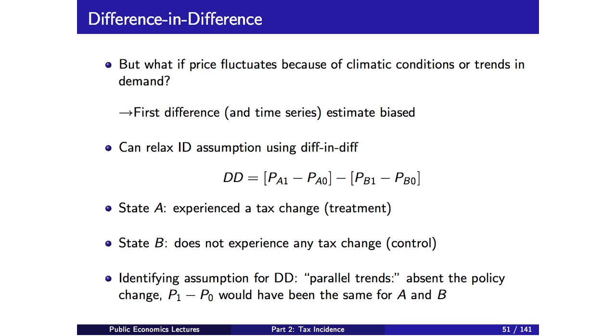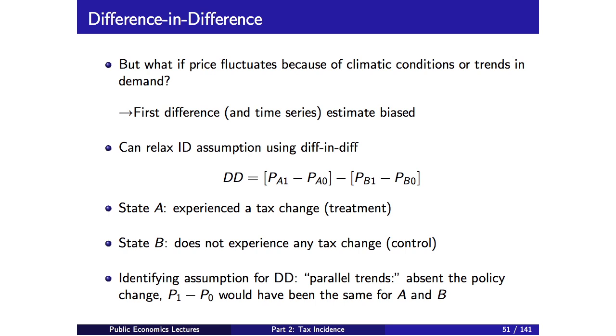You have no counterfactual except prior periods, and we don't think that things are necessarily stable in time series. And so if prices are fluctuating for whatever reason, the first-difference or time series estimate is going to be biased.